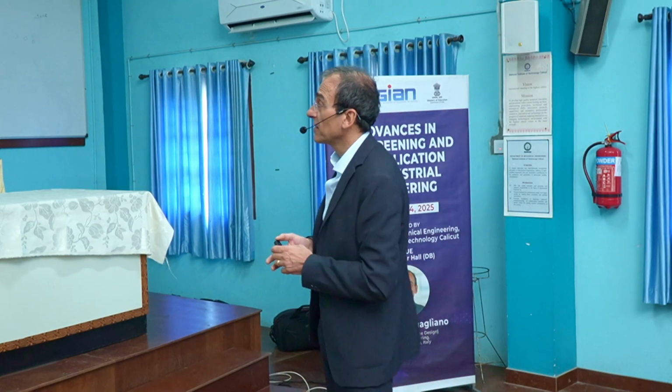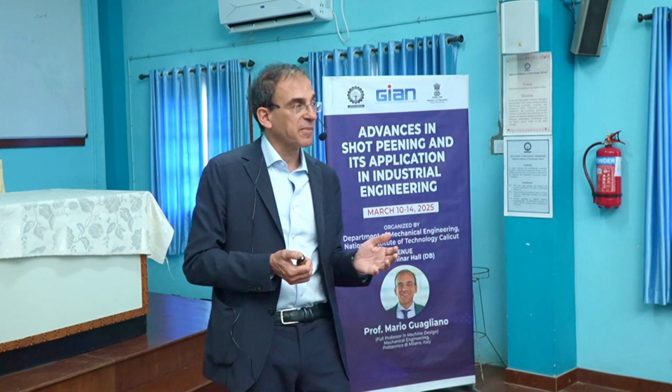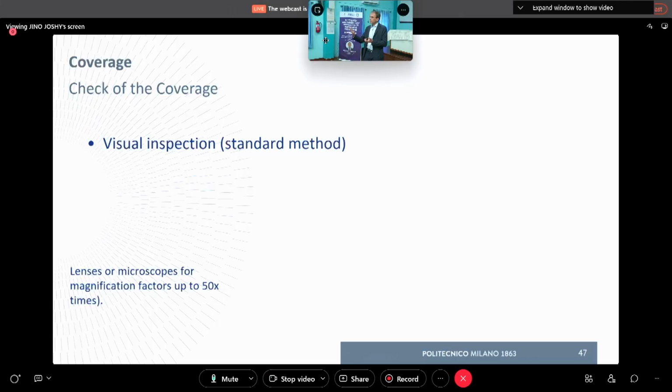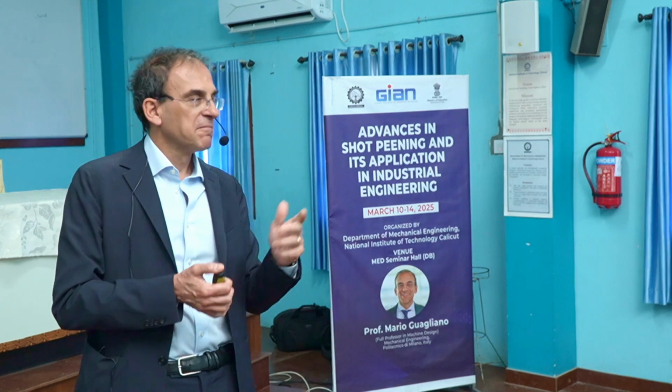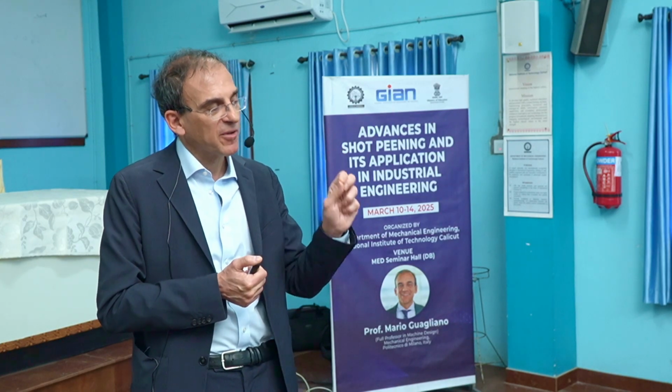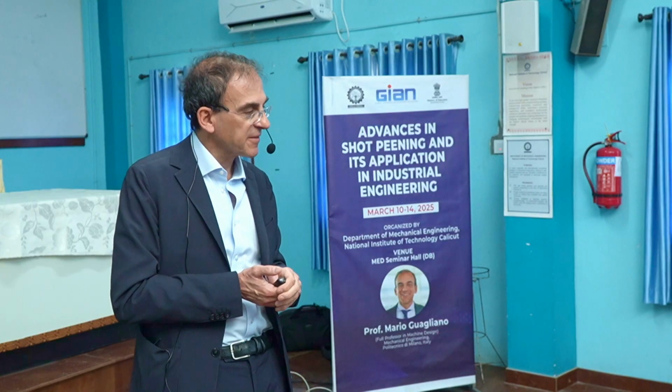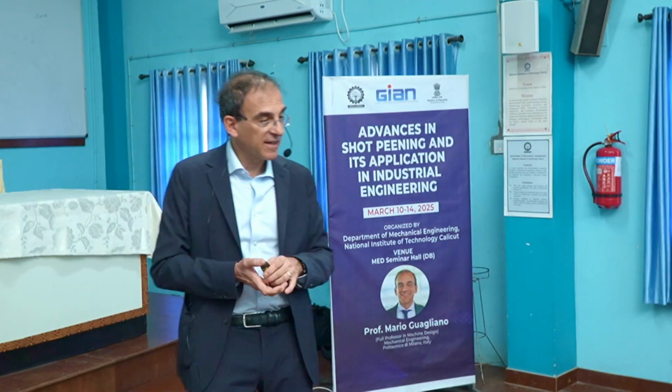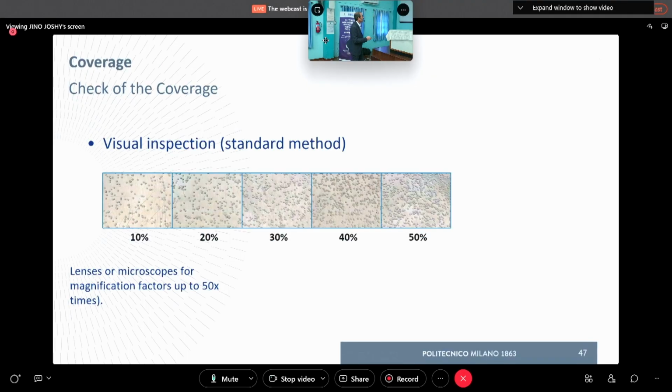The simplest way is the visual inspection, that is the standard inspection. So we take the part, we look around, and if we are expert, not new, and we are used to considering shot peened parts, with a bit of attention we can assess if something is wrong in some area of the peened part. Okay, this is clear indeed. If the coverage is quite low, it's clear to understand that it's not enough.